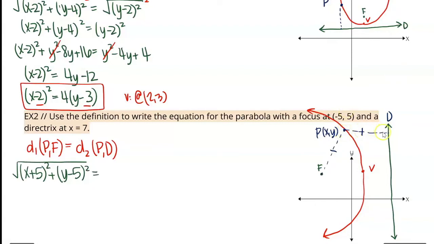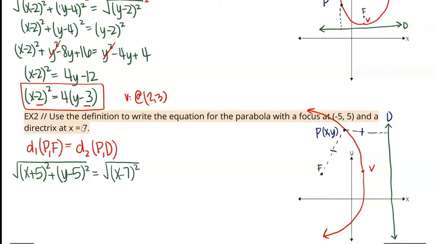This time my directrix is a vertical line, which means I can have any y coordinate I want, the same as my point is perfect, okay? And then I only have to worry about the distance between these x values. So really this is going to equal the square root of the distance between the x's, which will be x minus, and my directrix is at 7, so (x - 7) squared.